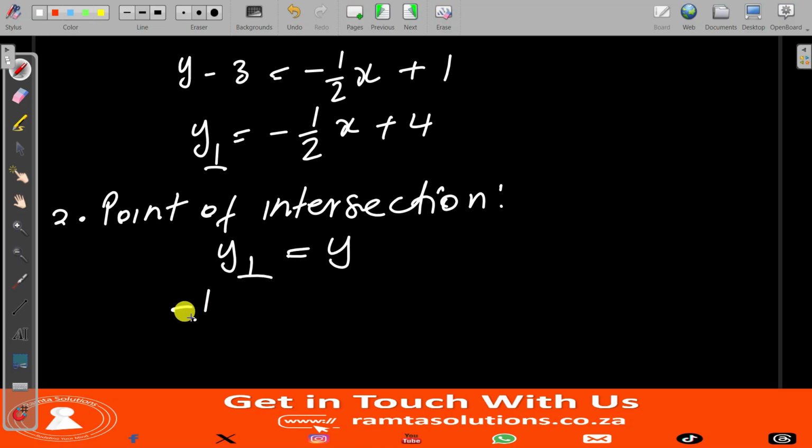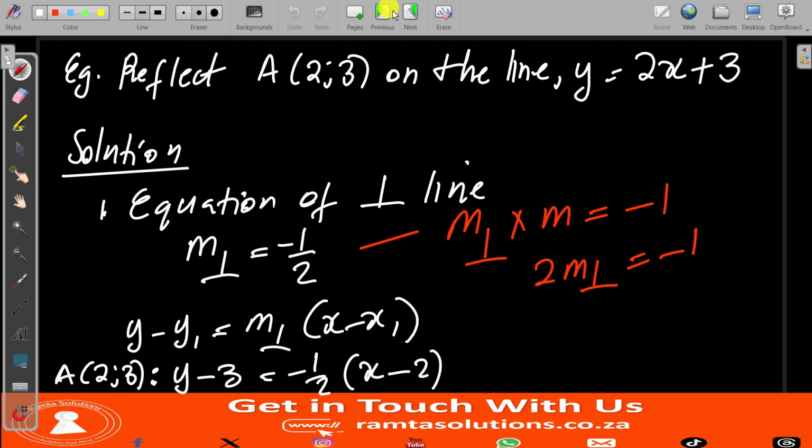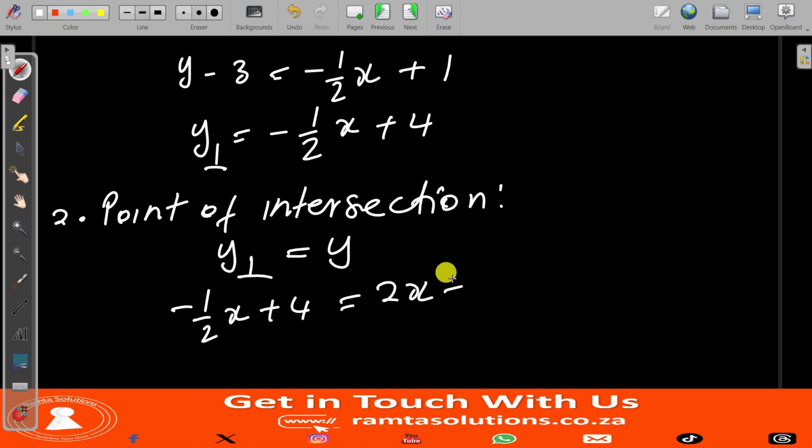So this is negative half x plus 4 is equal to, the given line was 2x plus 3, isn't it? 2x plus 3. Let me simply say minus x plus 8 equals 4x plus 6. So I multiplied throughout by 2.